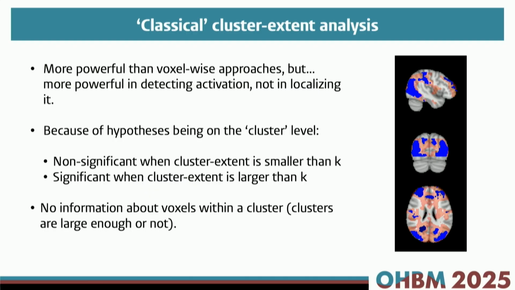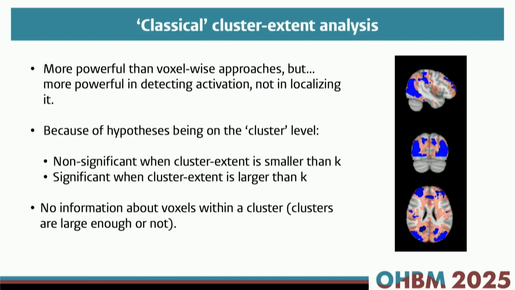And this is a bit of a problem, because the hypothesis testing is on the cluster level. So the family-wise error correction is on the level of the clusters. So when we say there's no significance when the cluster extent is smaller than k and significant when cluster extent is larger than k, there is no information about how many voxels within a cluster are actually significant, or are actually active.